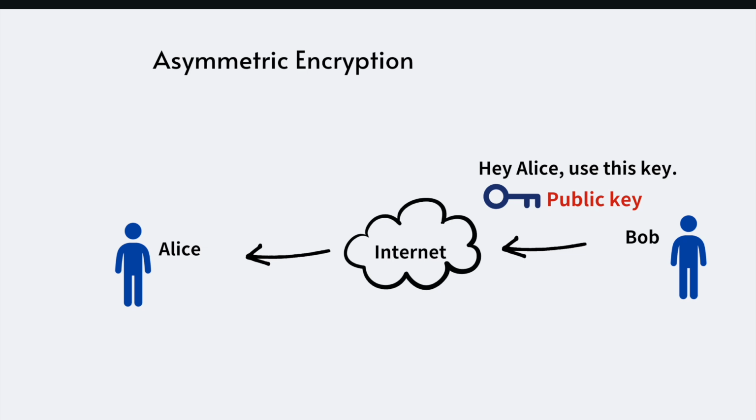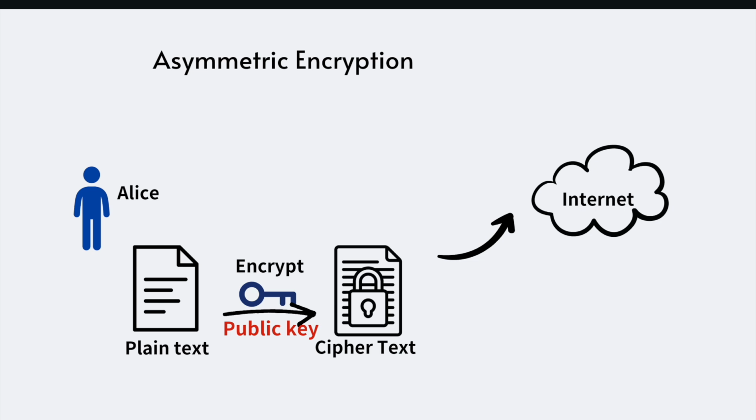So in asymmetric encryption, in the beginning, Bob will need to generate a pair of keys, and he will send the public key to Alice. So Alice can get the public key from Bob. Then Alice can use this public key to encrypt her plain text.